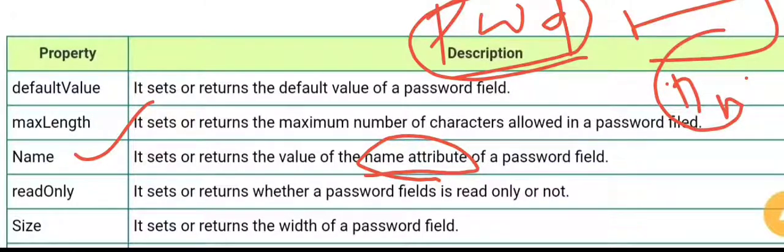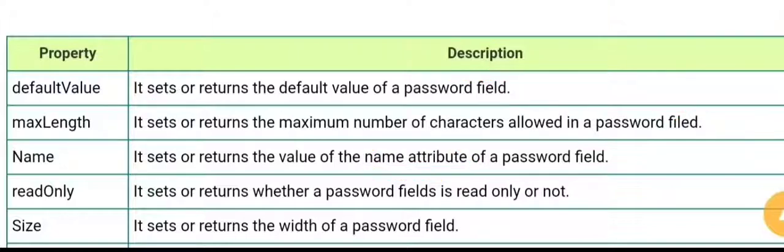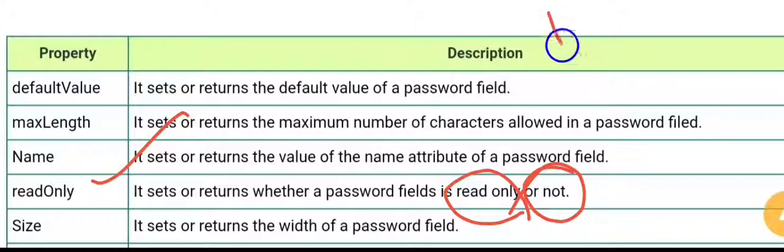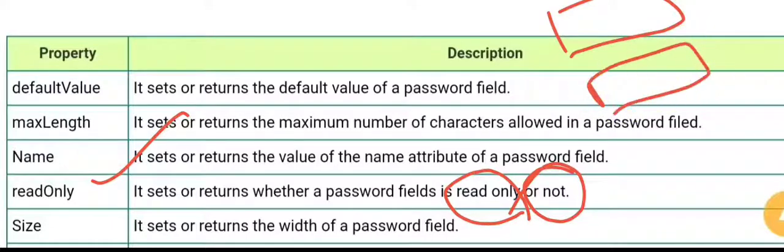Next, we have one more property, read only. It means whether the password field is read only or not. For example, in any bank sign in accounts, like when you are using internet banking, there is a user ID and password.